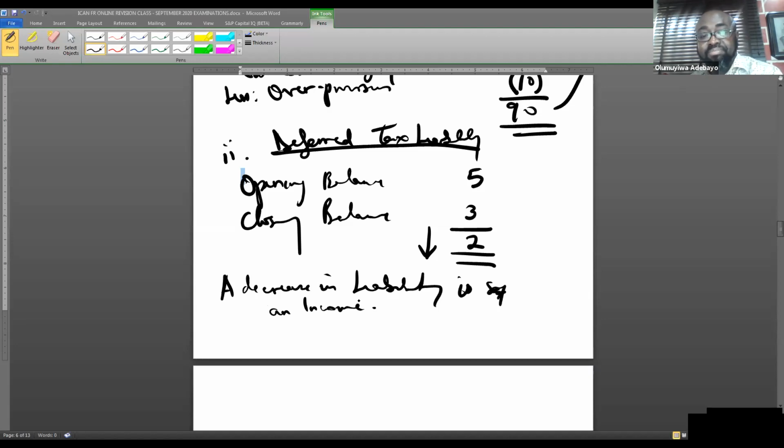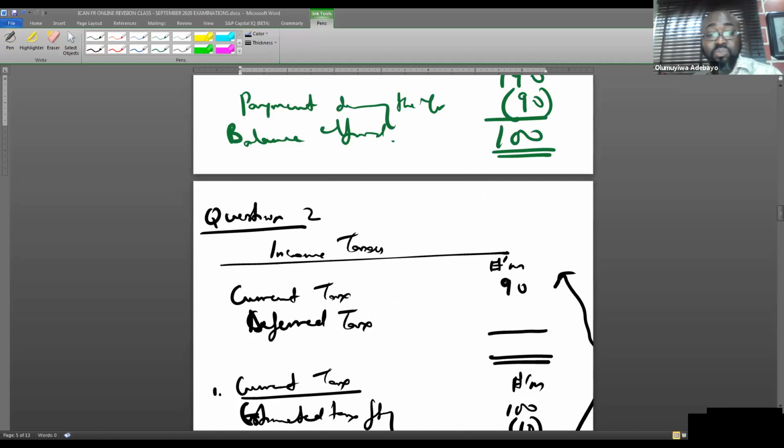Can you remember, what is an income? An income is an increase in equity attributable to an increase in asset or decrease in liability. Are you getting what I'm saying now? Therefore, it shows us that our deferred tax here is an income or a credit of 2.